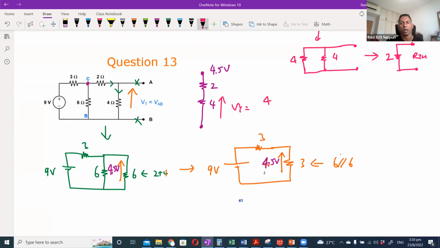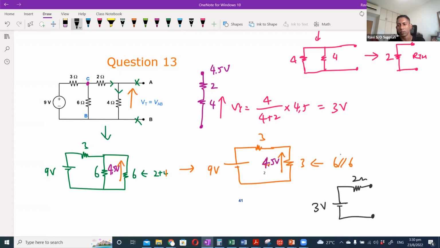So it will be a voltage divider rule, and that will give me 3 volts. Okay, so the final circuit would be VT, which is 3 volt, RT, which is 2 ohm, and this is your load.